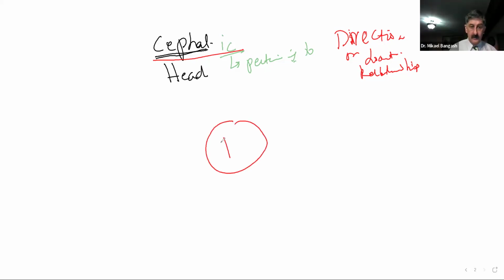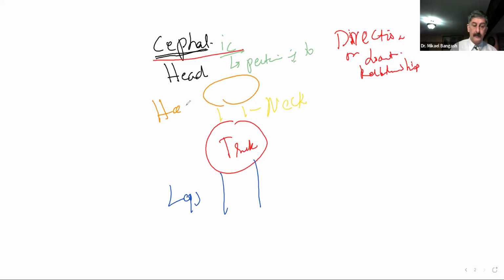You can say, if this here is the trunk of a human's body, this here will be his or her legs. Let's say we have a neck, and on top of that neck, what do you have? The head.